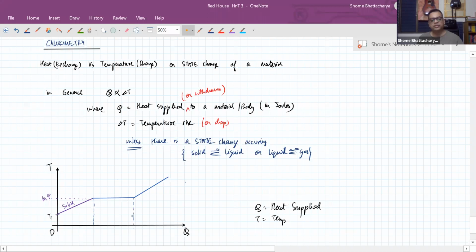So this amount of heat that we are supplying is going into melting, or state change from solid to liquid. And now we have liquid phase. Okay. And again the temperature rises till it reaches something called a boiling point.